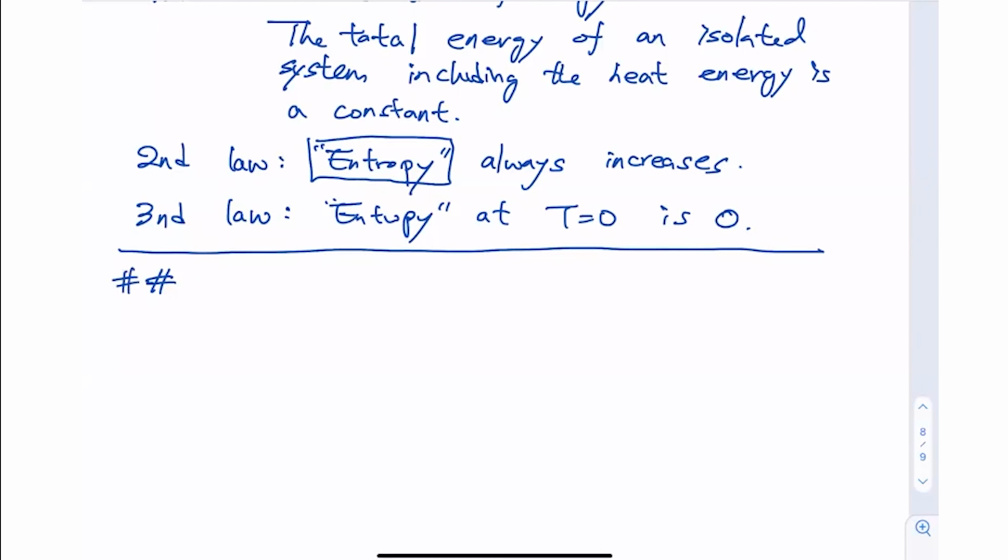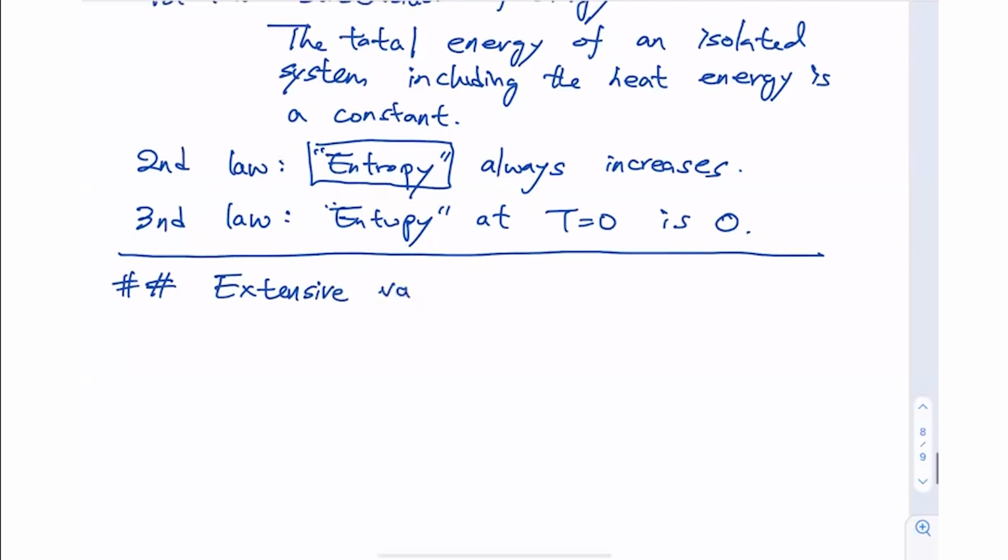Okay. So the important thing in this case is the idea of extensive variables. So remember, we said that the thermodynamic system can be characterized by a small set of variables, but within those variables, they still have very different properties.